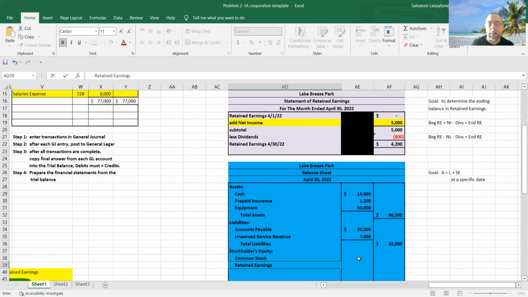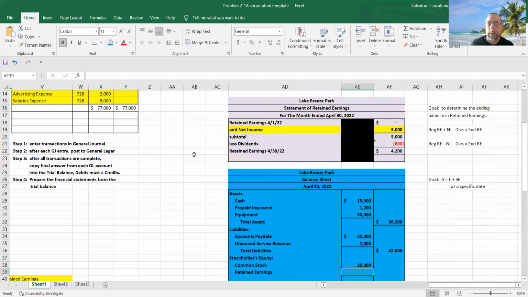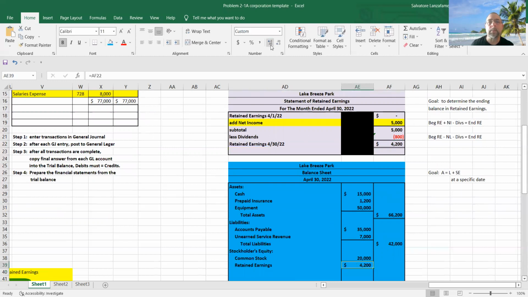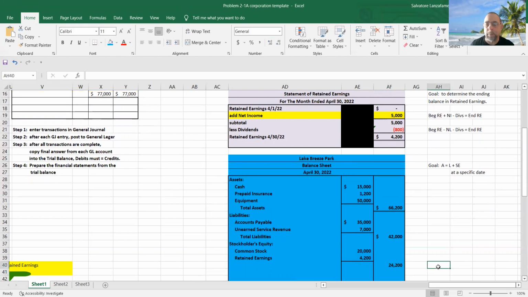Common stock was $20,000, and retained earnings was $4,200. Now we're going to add those 2 together, and we get 24.2. We're going to call that total stockholders' equity.